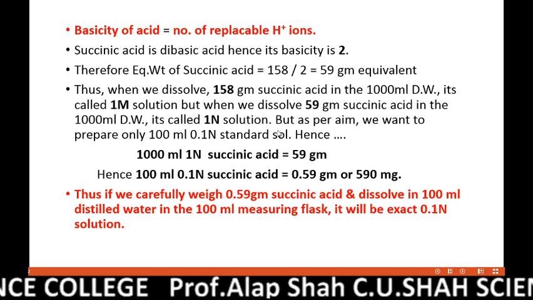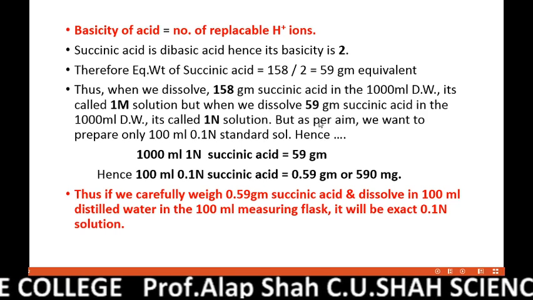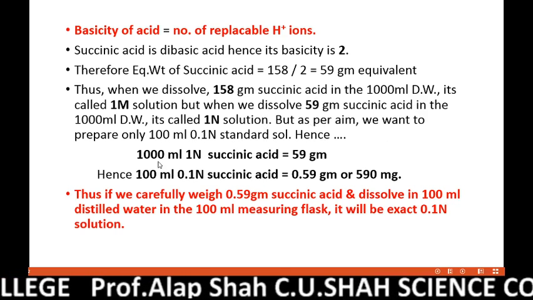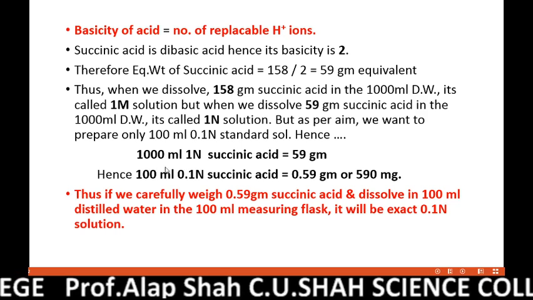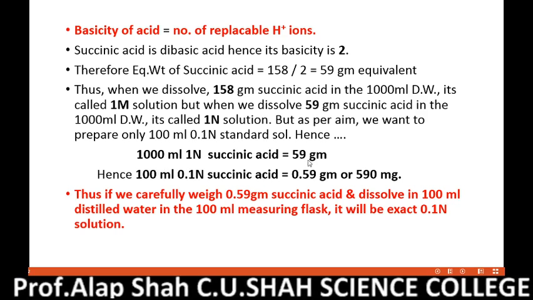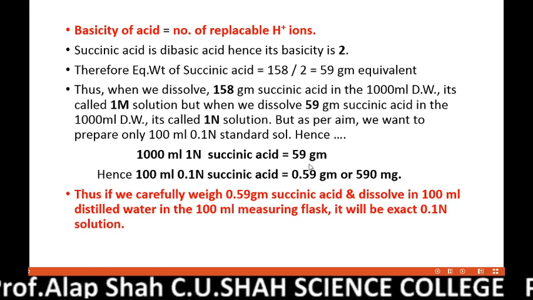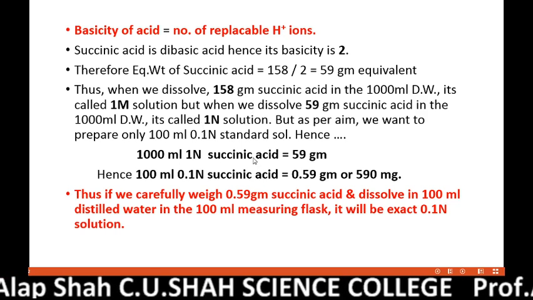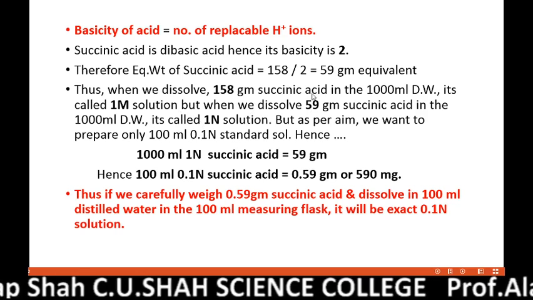So from this statement, we can write a mathematical expression that if somebody wants to prepare 1 liter or 1000 ml of one normal succinic acid, he or she should dissolve 59 grams of succinic acid.